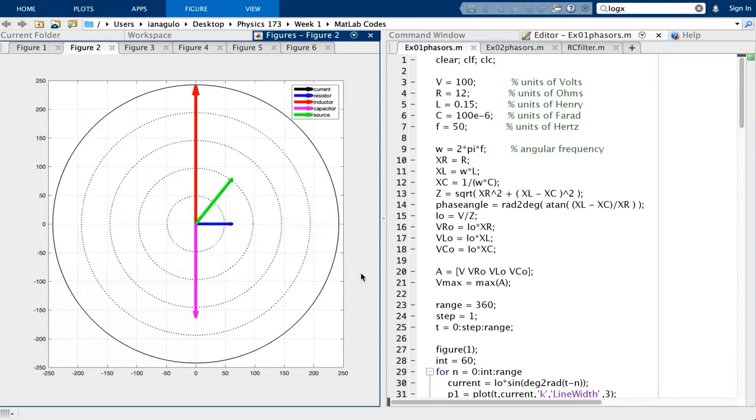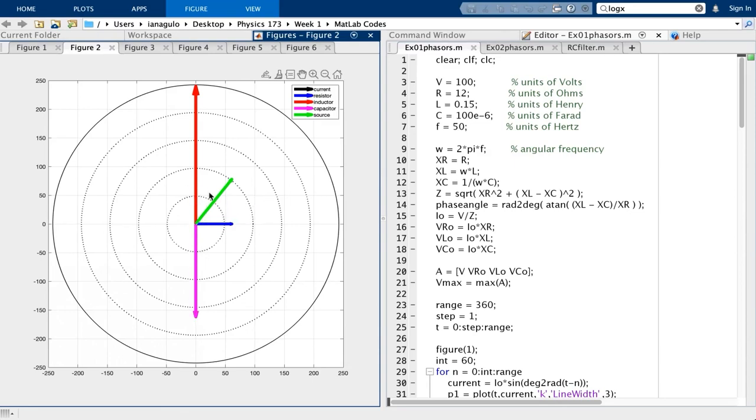We can also see this in the voltage phasor diagram. The current is hardly shown here because it's behind the resistor voltage, since they are in phase. The inductor has this magnitude and direction, or phase angle. The capacitor also has this magnitude and phase angle.